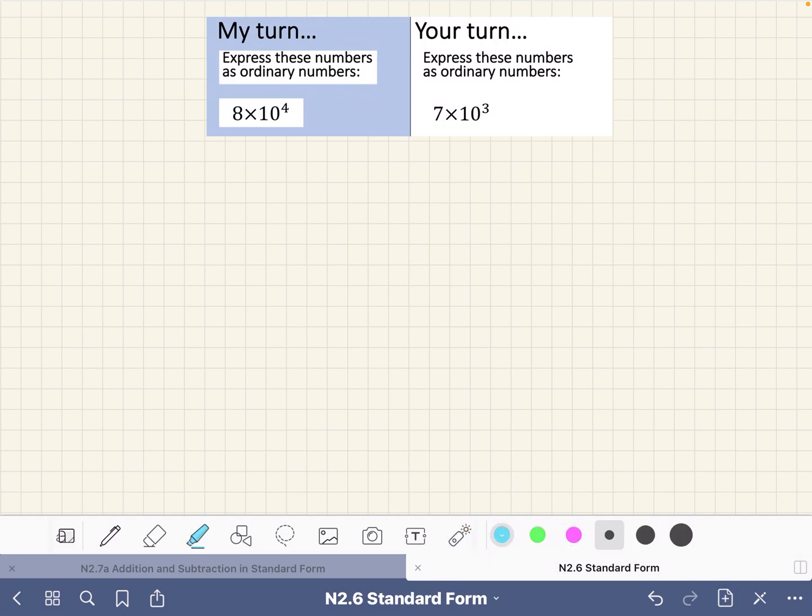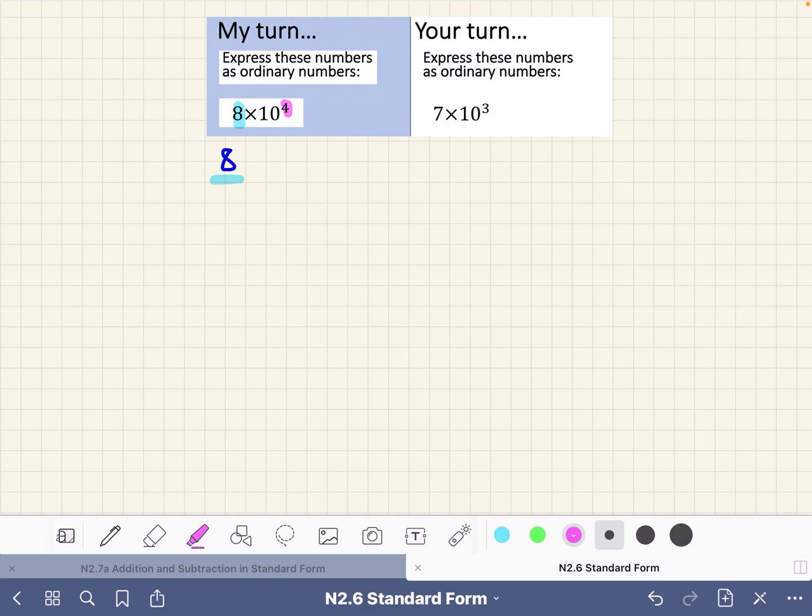We start by recognising that the number at the start of our standard form value will be at the start of our ordinary number. The power tells us how many values come after that first number.